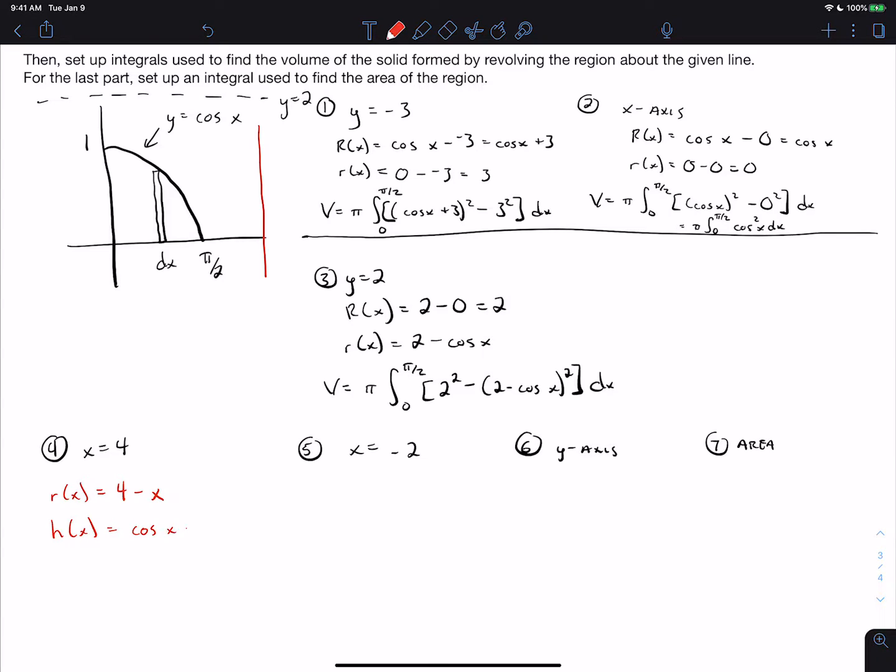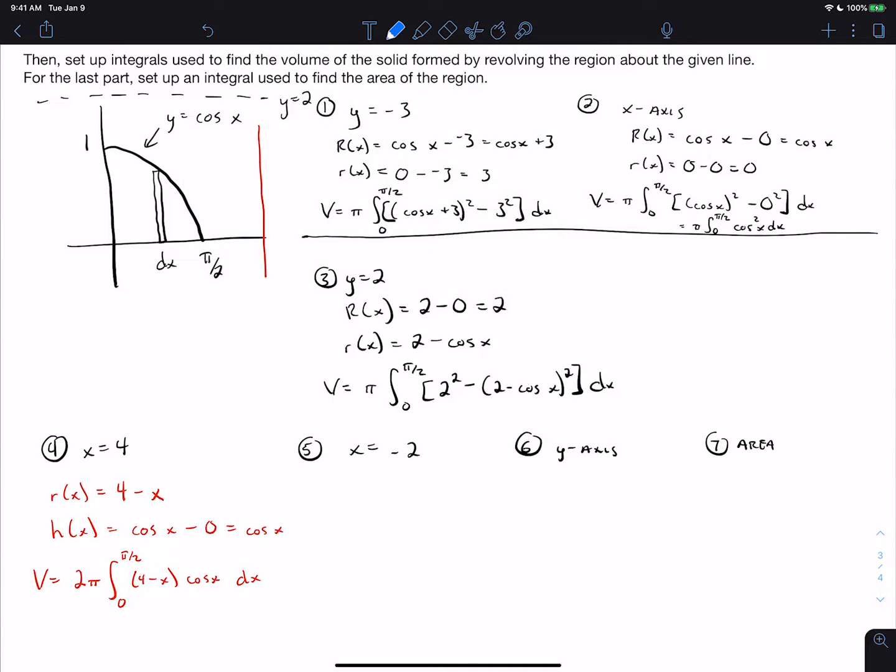That's cosine x minus 0, which is cosine x. Volume then is 2 pi rh. So we say 2 pi times the integral from 0 to pi over 2 of (4 minus x) times cosine x dx.